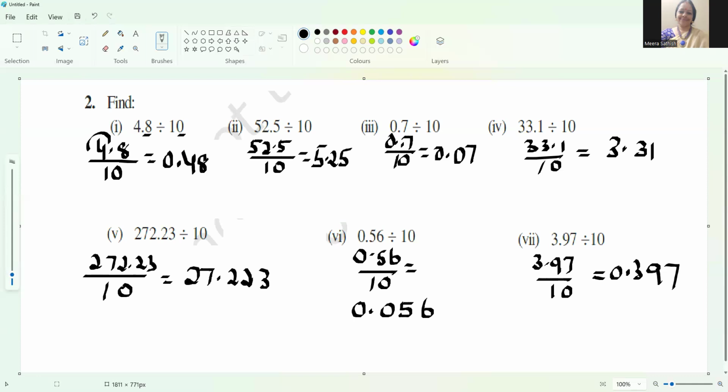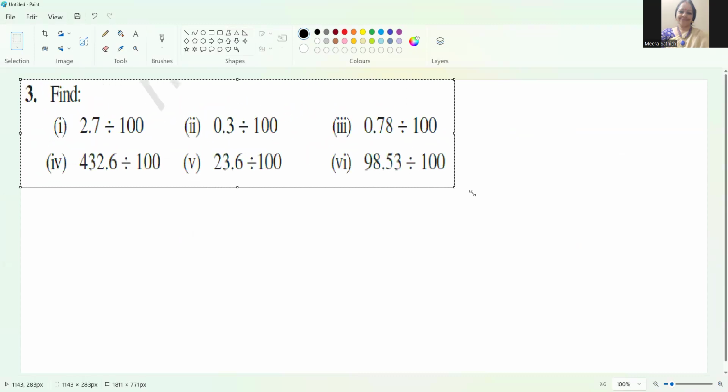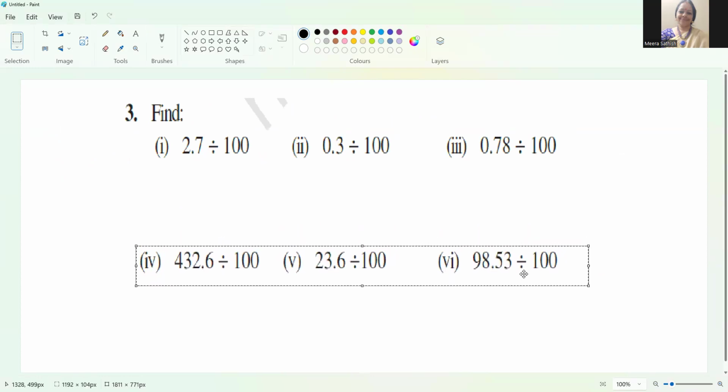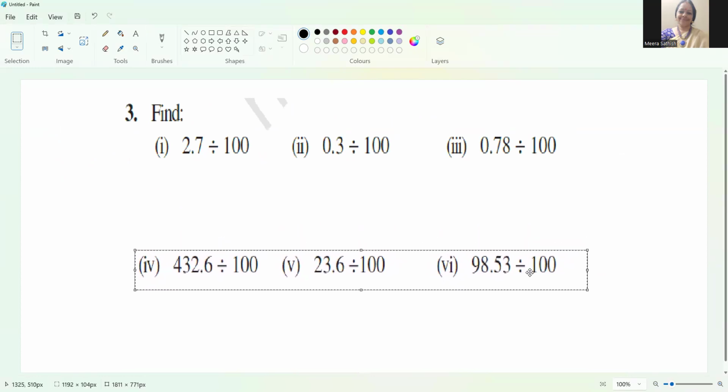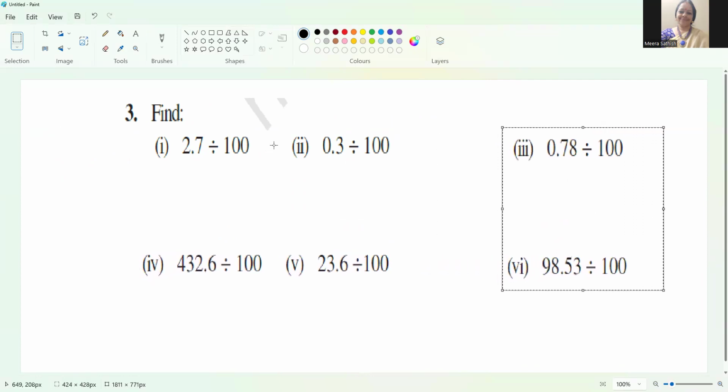Now, next. Dividing by 100, the same rule. So when you are dividing, the number of zeros is to be counted as decimal places.